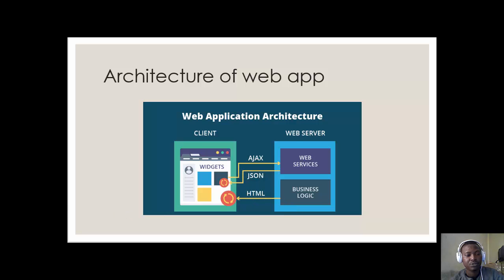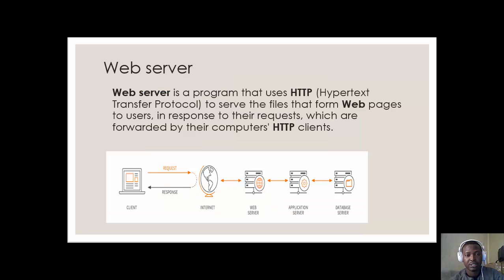Okay, we also want to explain to you the process, what a web server is actually doing. A web server is a program that uses HTTP, called Hypertext Transfer Protocol, to serve the files that form the web pages to users in response to their requests, which are forwarded by their computers, which is also known as the HTTP client.